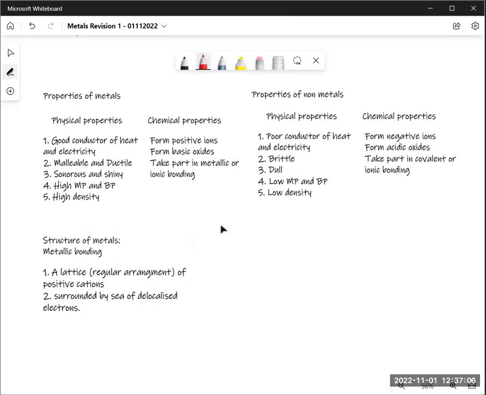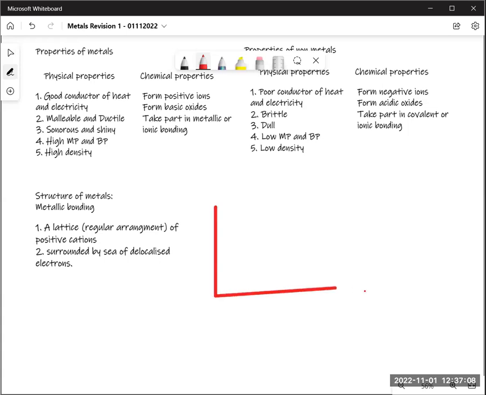What does it look like? Well, this is what it looks like. You make the structure as well, because you will be asked to draw the structure in the exam.